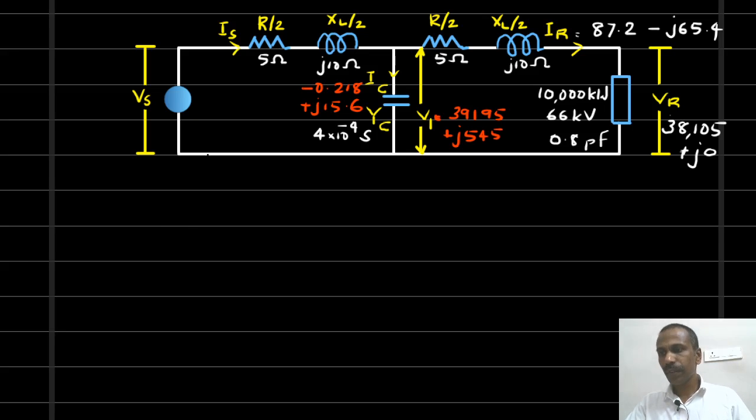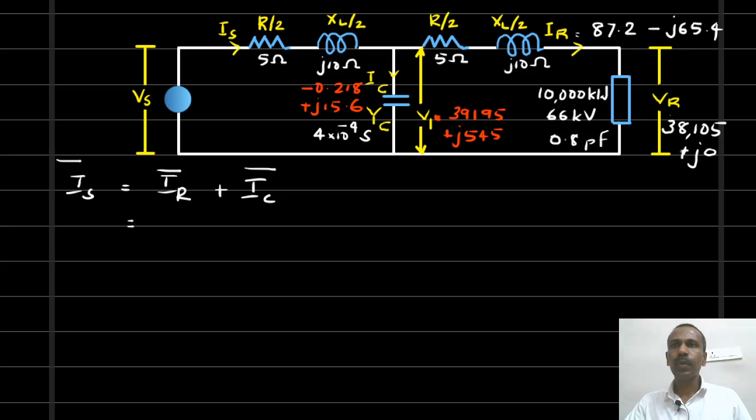Now we can find out IS, where IS is equal to IC plus IR. IS is equal to IR plus IC.